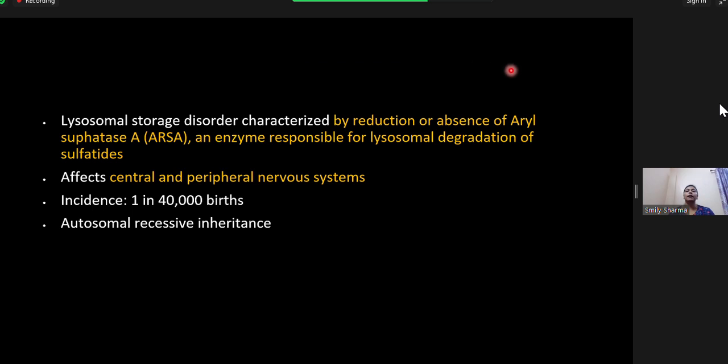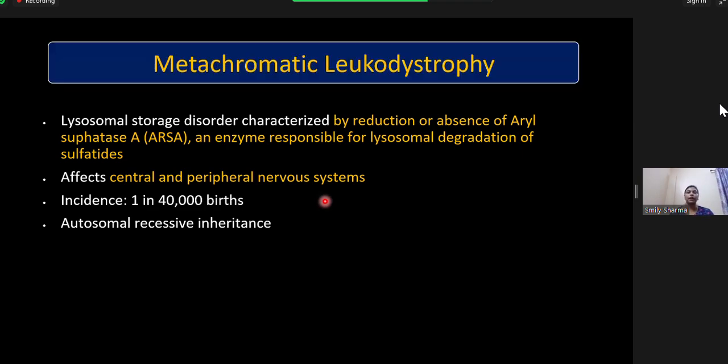The other thing which we should know is that metachromatic leukodystrophy is a lysosomal storage disorder characterized by reduction or absence of arylsulfatase A. This is an important enzyme, and we actually look at its values to confirm the diagnosis. It affects both the central and peripheral nervous system, which is why it can be associated with peripheral neuropathy.